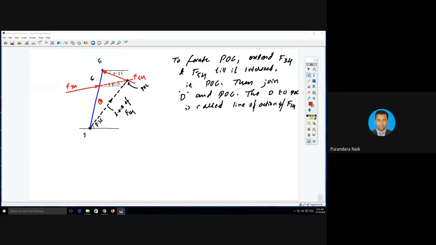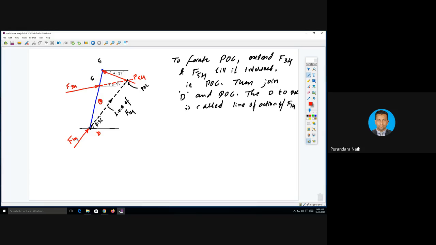So where is F14 now? F14 is along the direction of the line of action, correct? This is D. So this is along the direction of the line of action of F14. Now we know the direction of F34 as well as F14.